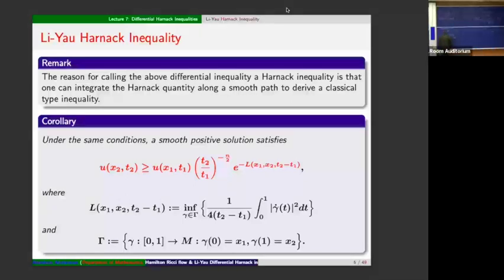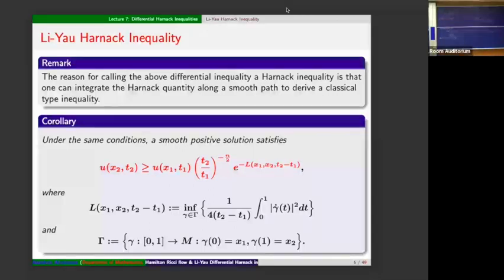Instead of this, if it is a manifold, you just have e to the minus the square of the distance between x1 and x2 over 4 times t2 minus t1. So that is a comment that we just need to make here.